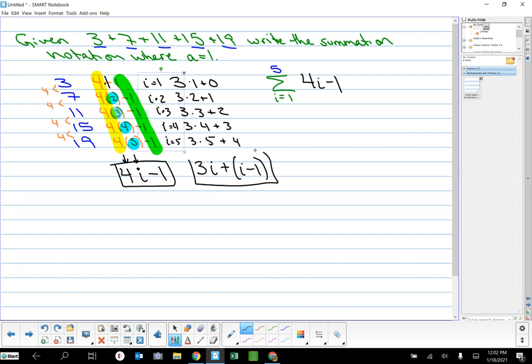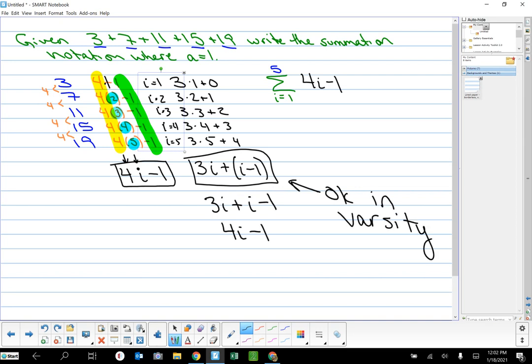Now look what would happen if I go 3I plus I minus 1 and add these together. I'm certain that Varsity would take this, because of some crazy thing that I did with another one that took me forever. And then when I saw what they had, I was like, oh man, it's so much simpler. And then I took mine and combined like terms, and I got what they got. So if you see a different formula like this, here's an alternate way to do this.